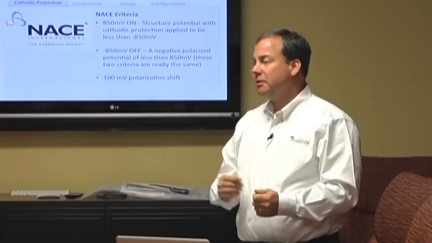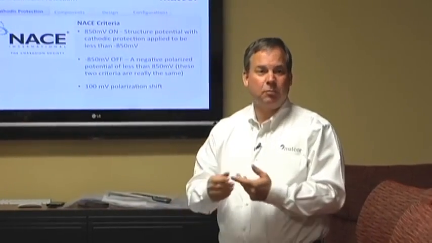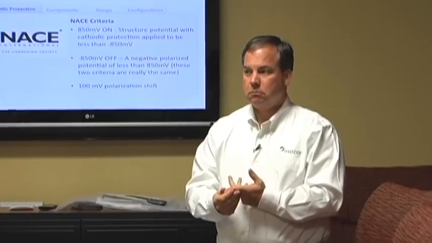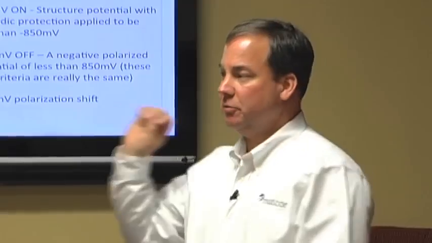But NACE has defined 3 criteria, and actually the first 2 are basically the same. There's something called 850 on, 850 off. Remember I said that this natural potential of steel when it's buried generally is around minus 550 millivolts? If you can shift it to being negative 850, remember I said as you throw current onto it, it becomes more negative? If you can shift it to negative 850, it's protected, okay?